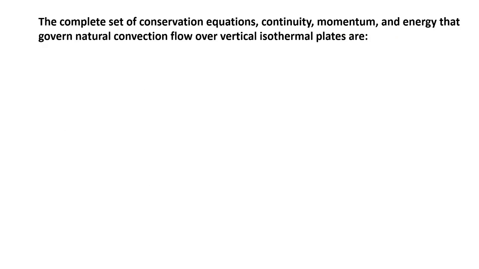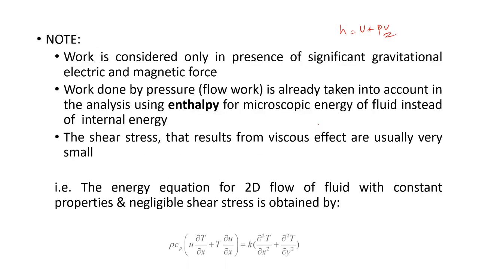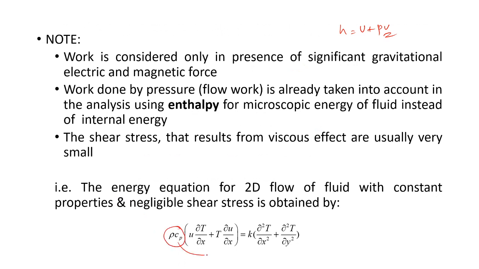Now, the complete set of conservation equations, continuity, momentum, and energy, that governs the natural convection flow over a vertical isothermal plate are these three equations: the continuity equation, momentum equation, and energy equation. How we have derived this equation from the previous slide, you can see if we take this term from the left hand side to the right, alpha is equal to k upon rho Cp.